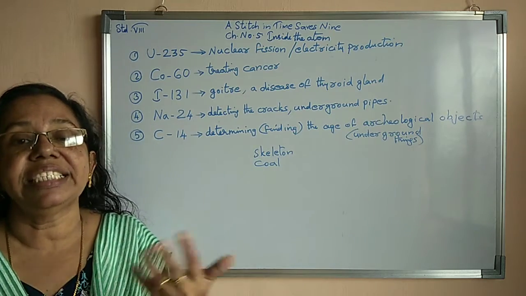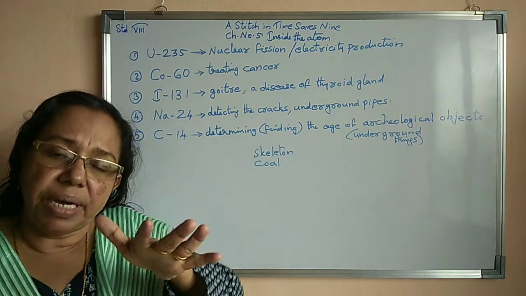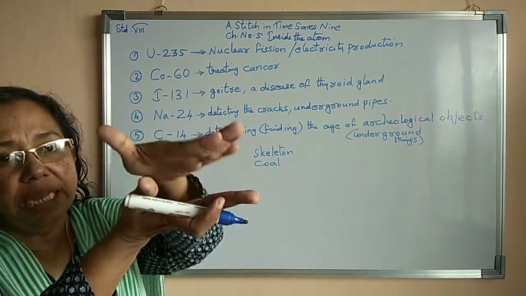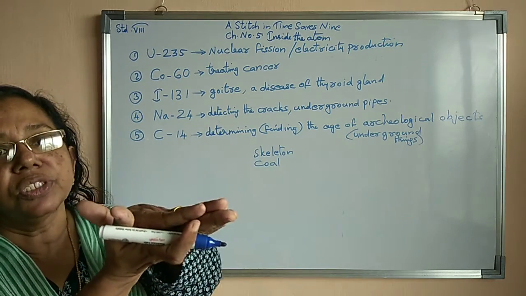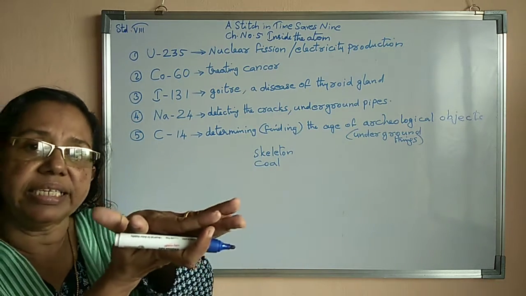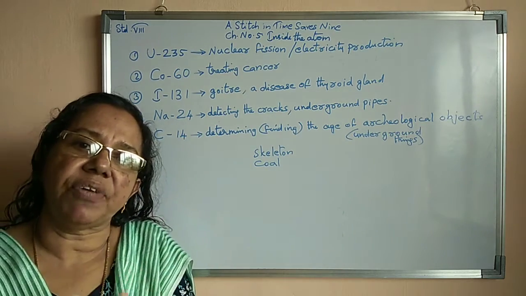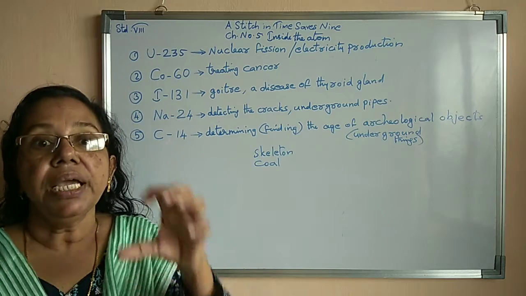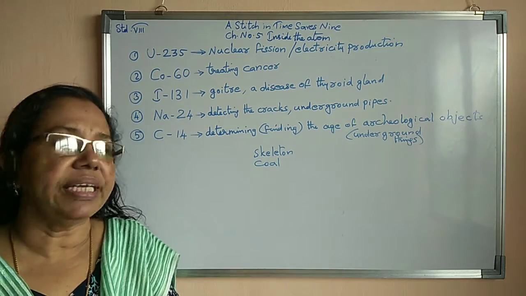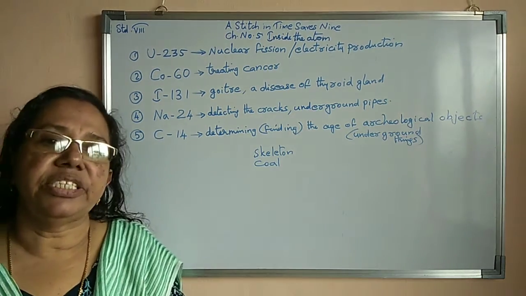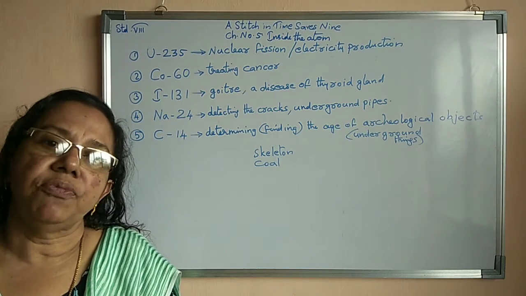These are things escaping from decomposition. They are lying in between two rocks, without spoiling, the dead bodies of different organisms are found from underground. For finding their age, we are using the isotope carbon-14.